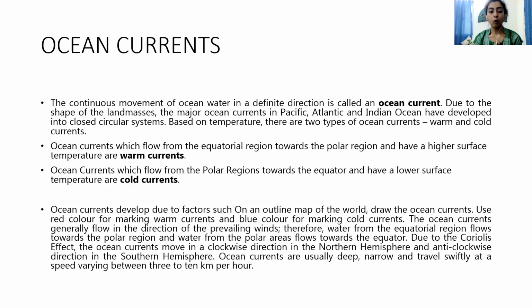All right, now ocean currents develop due to different factors. Now the ocean currents generally flow in the direction of the prevailing winds. As I said, the wind plays a very important role in the direction of the movement of the ocean water. For the ocean currents also, in which direction the currents will be moving, wind plays a very important role here.